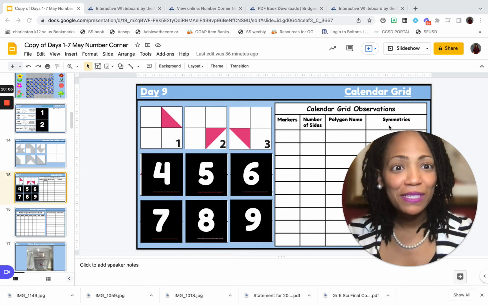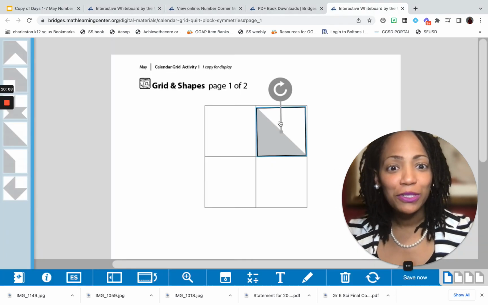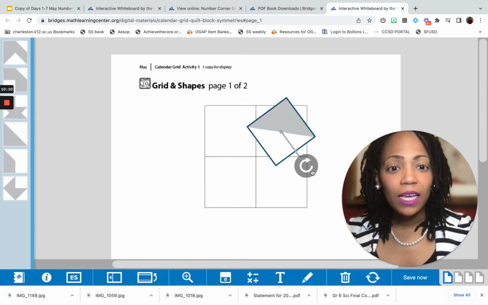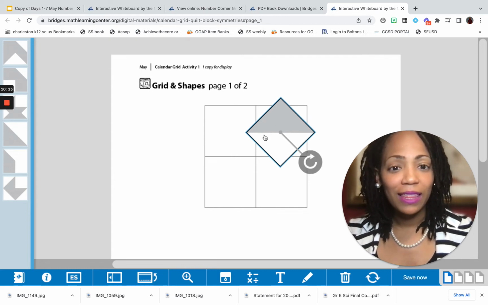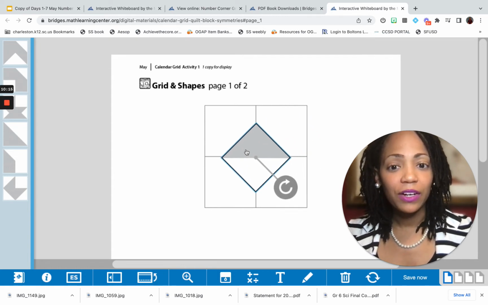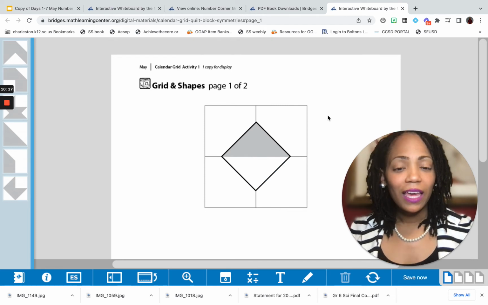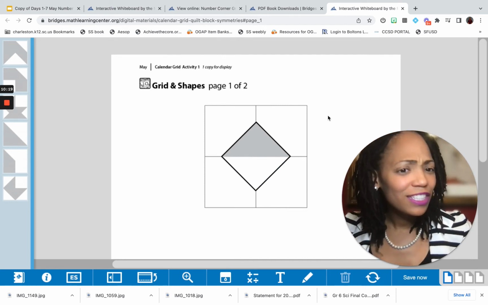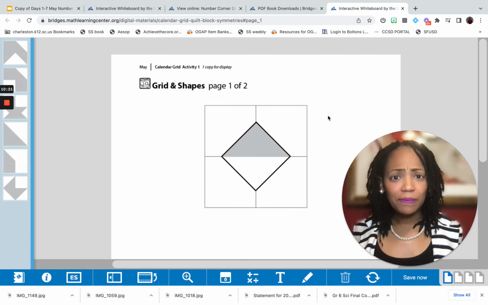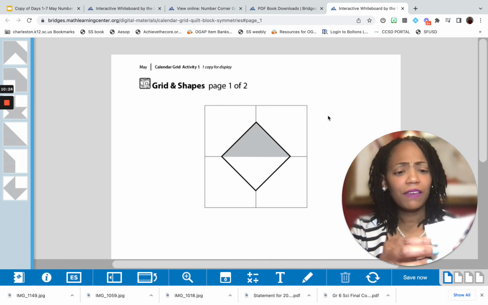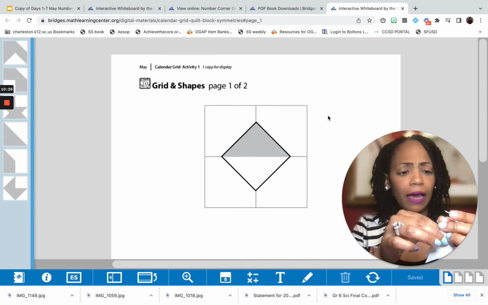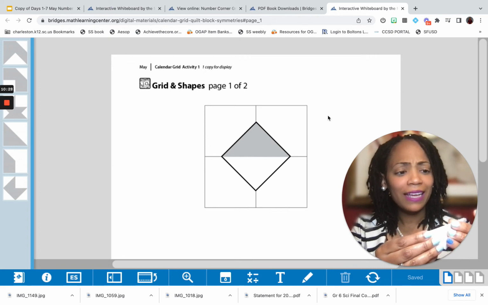And we also, ooh, do y'all see this word here? Symmetry. Do you know what symmetry is? Let me show you that really quickly. I'm going to turn my triangle like this and put it here along this line. Is this triangle symmetrical? Meaning, if I were to fold it in half, it would be the exact same.